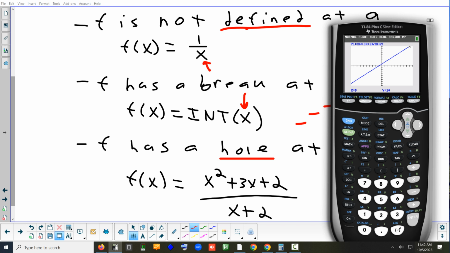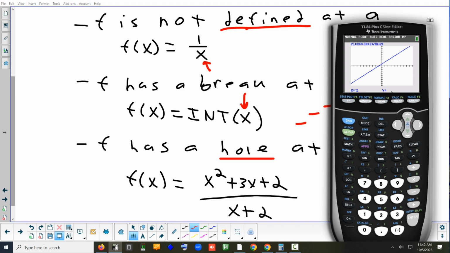You can type in any other number you want. You can even type in something really close to -2, like -1.99999, and it gives me an answer. It's just when you type in -2, you get nothing. So that's called a hole. And a hole in a graph, you can't see it because it's very small.